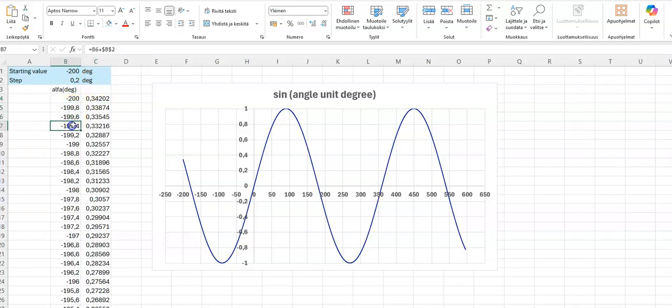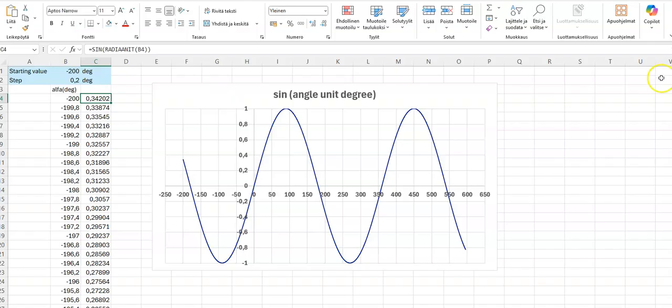Every next angle is always 0.2 degrees more than the previous one. And this number there is the sine of the angle, approximately 0.34. And from this picture we can see that this is the vertical y-axis, and this point tells us also the coordinates there. It is about 0.34 from the picture.